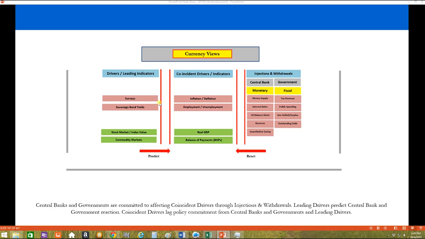So if we look at the left-hand side here, let's assume that we have an indicator that can tell us that in 12 months from now, the economy will grow at a 3% GDP growth rate, there will be 6% unemployment and inflation will be 3%.